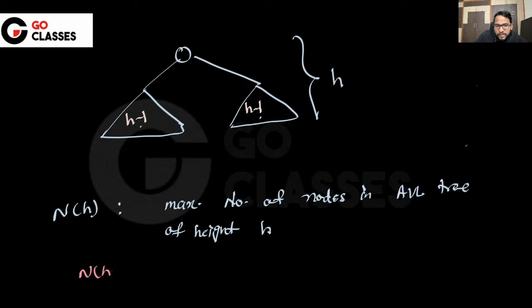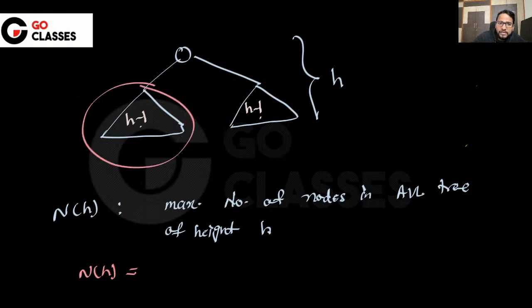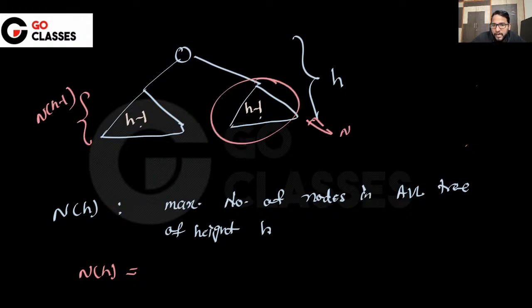So see, if you want to have the maximum number of nodes in this AVL tree of height h, then you should be having the maximum number of nodes here. You should be having the maximum number of nodes here, right? You fix the height, that is okay, but you also want to have the maximum number of nodes here, maximum number of nodes here. So which means you will say here the number of nodes that could be maximum is n h minus 1. Here the number of nodes that could be maximum will be n h minus 1.